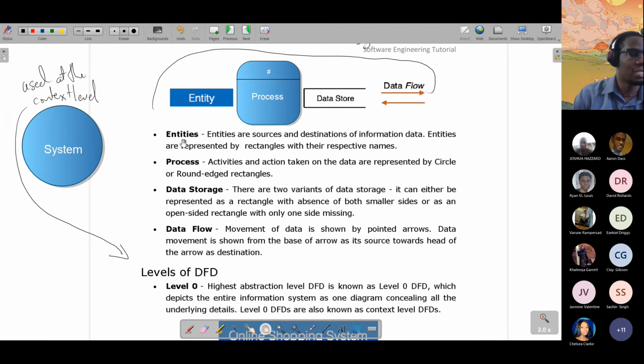So we have entities. As I said before, entities are where the data is generated. Entities are where data goes to. If you have some system and you put information into the system and you're never getting anything out of it, you know what that is called? Anybody? I'm sure you all would have learned that in IT.